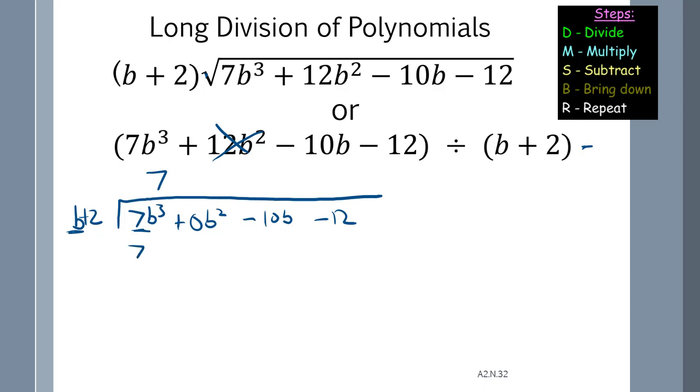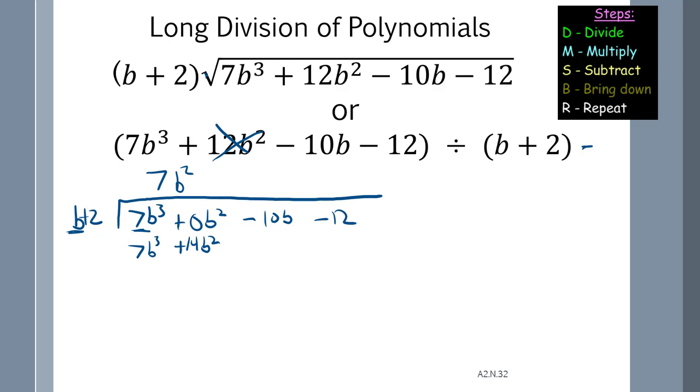Then b times b squared gives us b cubed. And then 7b squared times 2 will give us positive 14b squared. If we didn't have a b squared initially in the problem, we wouldn't know what to subtract it from. So that's why we put a 0 right here.